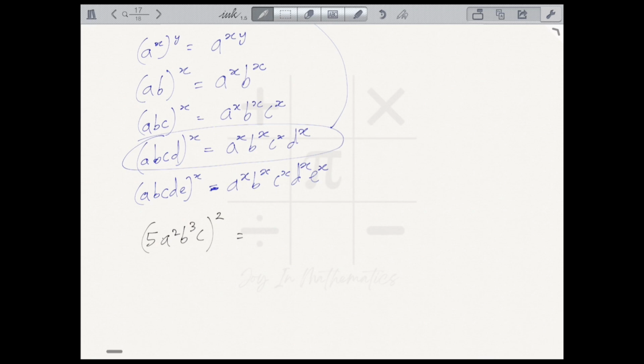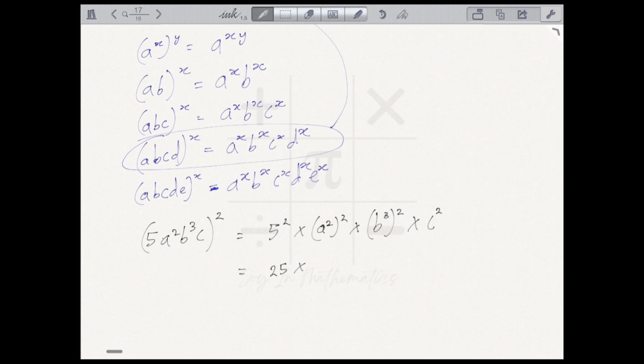Now we take the terms one by one and we apply the product law on them. So this will be 5 raised to the power 2 multiplied by a squared raised to the power of 2 multiplied by b raised to the power of 3 raised to the power of 2 multiplied by c raised to the power of 2. Now 5 squared is 25.